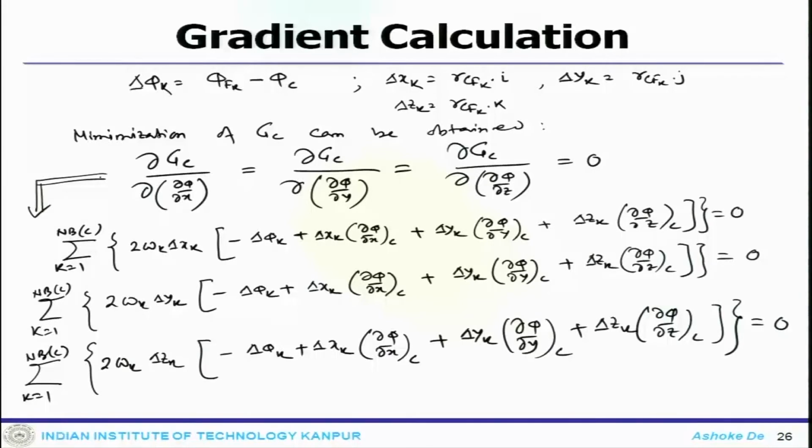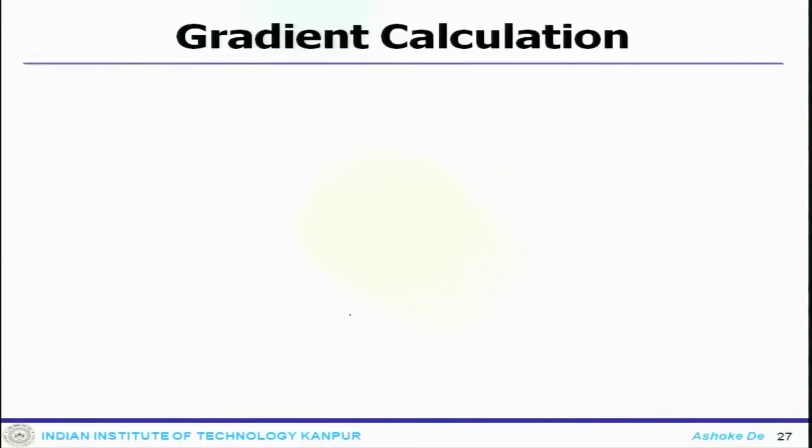The first one corresponds to this derivative, the second one to this derivative, and the third one to this derivative. So, you obtain these conditions, which one can write in a matrix form.